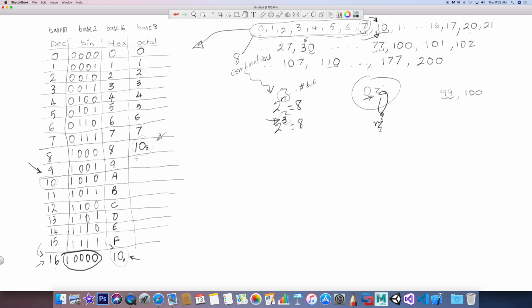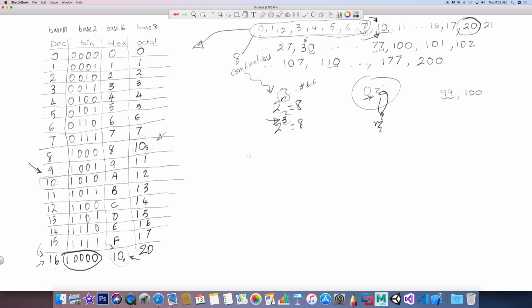So what's going to happen here? 1 1, 1 2, 1 3, 1 4, 1 5, 1 6, 1 7. And guess what's going to happen here? 2 0. Very good. If you guessed it correctly, you're doing good, because right after that, here's your 2 0. So that's the progression count for octal.